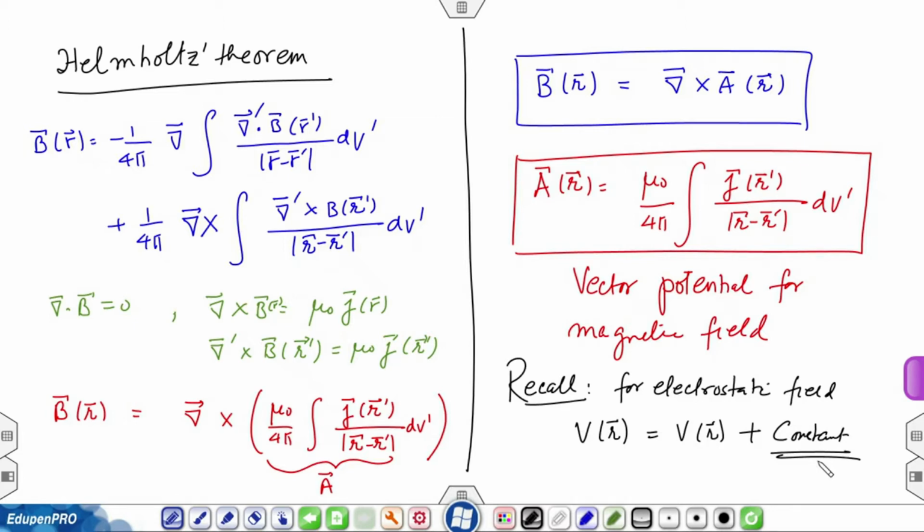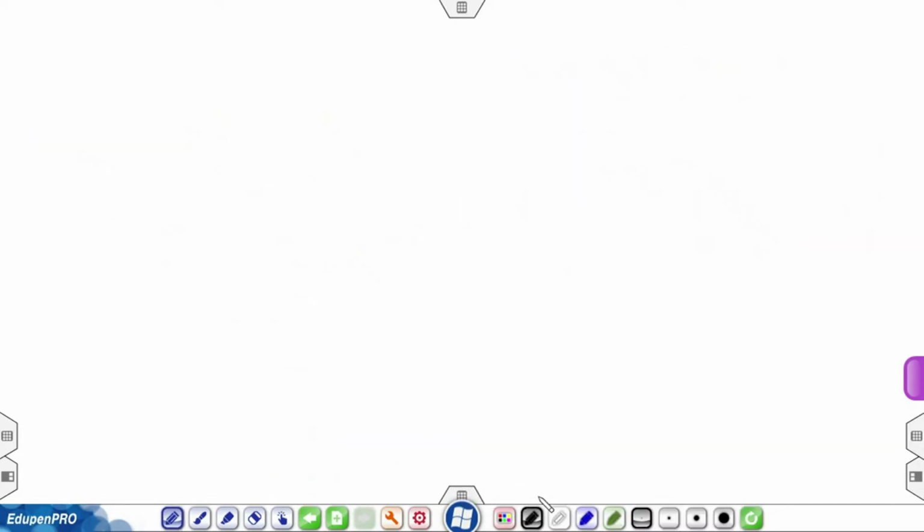So, the electrostatic potential was defined up to a constant. In exactly the same manner, I can now add the gradient of anything to this vector potential, and this will still give me the same magnetic field. Let us see how.